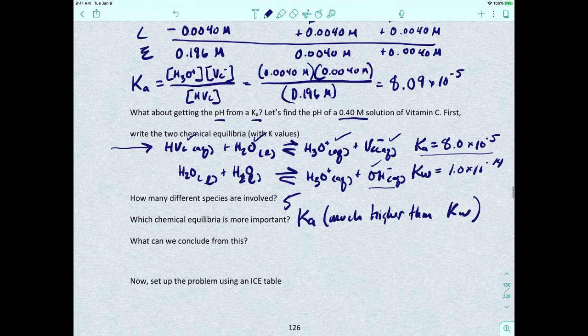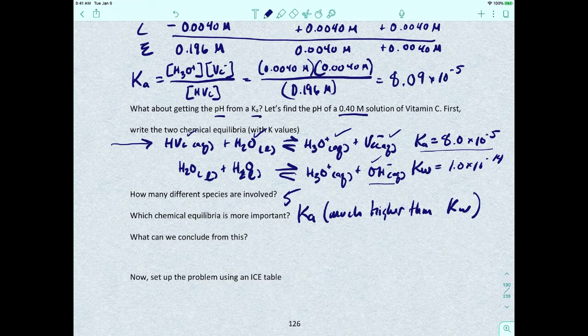All right, so what can we conclude from this? Even though both of these two reactions are producing hydronium ion, taking a look at the Ka and the Kw, since Ka is the bigger of the two, H3O+ is produced primarily by that first reaction and not the second.